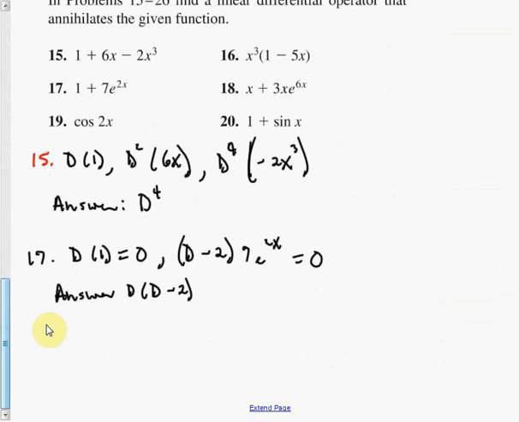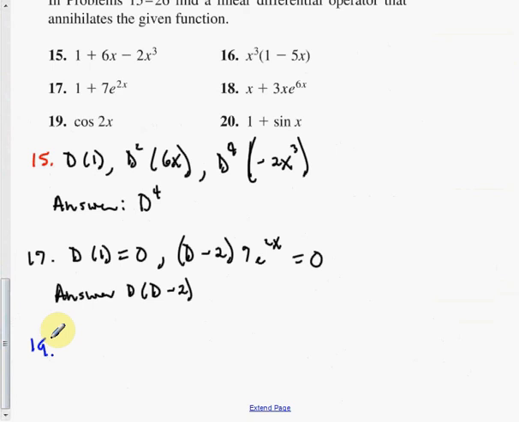All right. What about 19? Can you do that one? For number 15, the 1, the 6x and the 2x to the third are all in that same scheme of a polynomial, right? Number 17, 1 and e to the 2x, are in two different families, right?